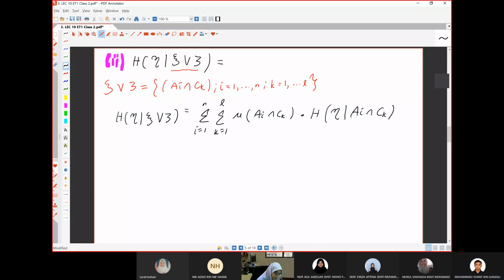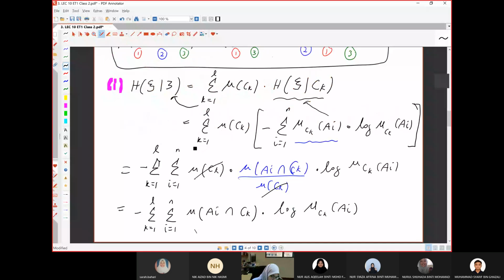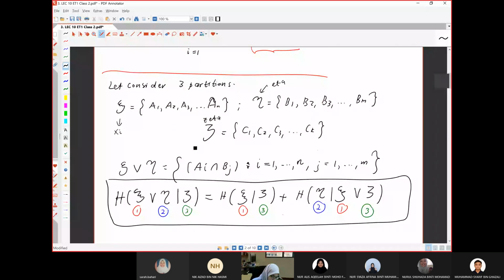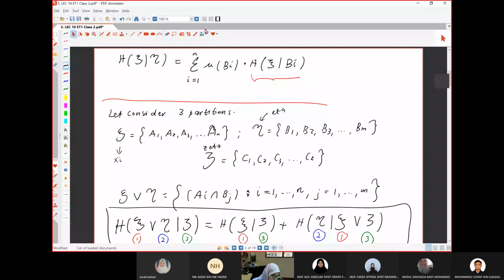Okay, let's try to read, just to make sure that you understand. This is the second part. For the second part, if we take the partition given the partition, you have to take the average. So the average of mu Bi, where Bi is from the second partition here.